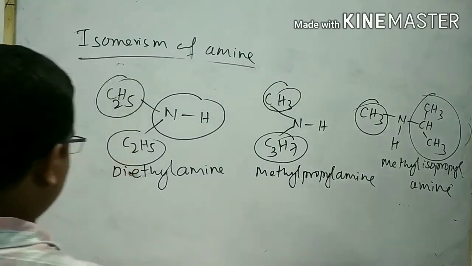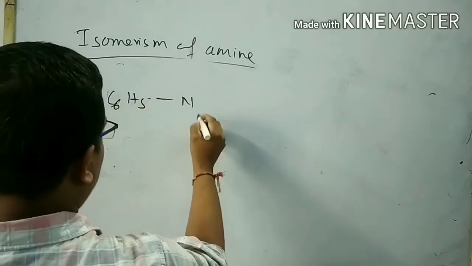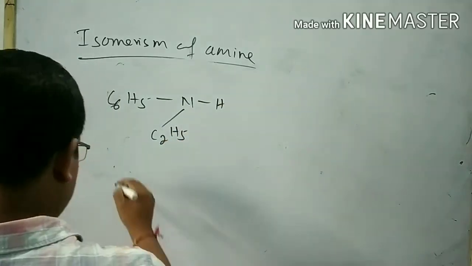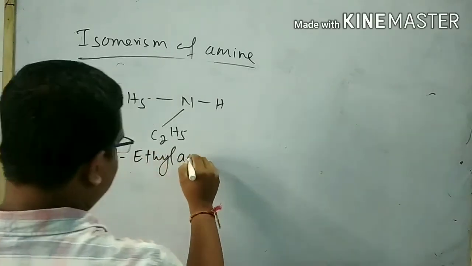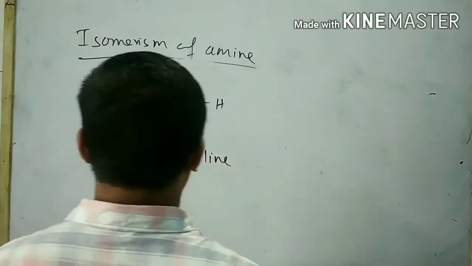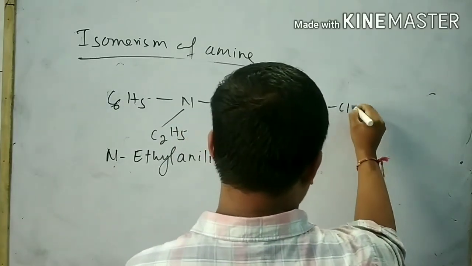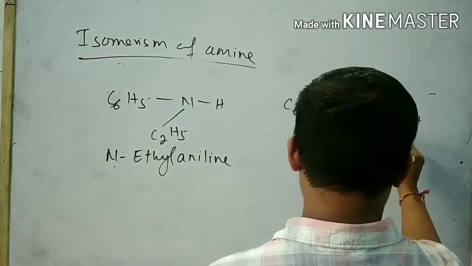Take another example, C6H5-NH-C2H5. The name of this compound is N-ethylaniline. Take another example, C6H5CH2-NH-CH3.